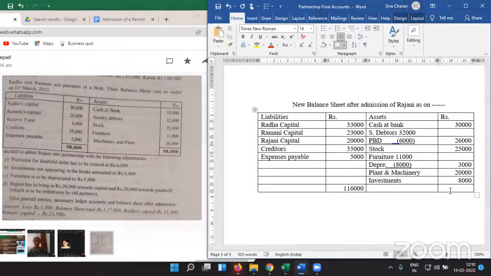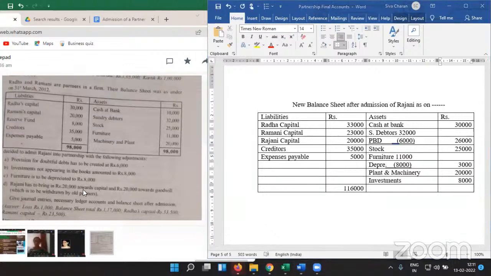30,000 plus 26,000 plus 25,000 plus 3,000 plus 20,000 plus 8,000. One lakh 12,000 you're getting.